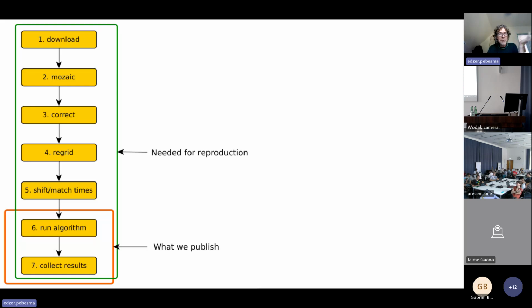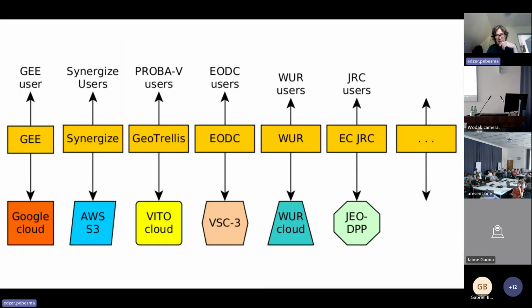So the whole process is essentially needed. Nowadays, with cloud platforms, of course, the download is gone because the data are there already. What we then had was that all kinds of systems would come up, like 10 years ago, that would allow you to do things with image collections that were in clouds, and everyone would have its own cloud and data organized in its own way in a certain cloud structure, and have a set of users. And each of them would have a certain interface, so that if you would use the Sentinel Hub, for instance, from Synergise, you would write a script, but that could not be used on Earth Engine or on the JRC infrastructure or on the VITO cloud and so on.